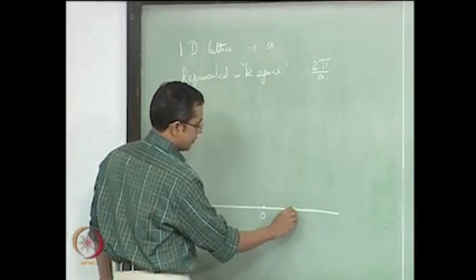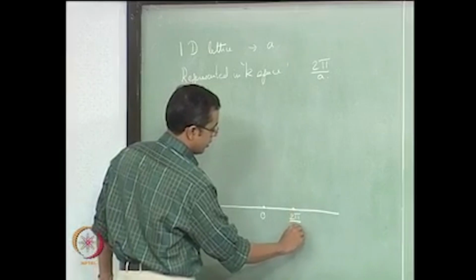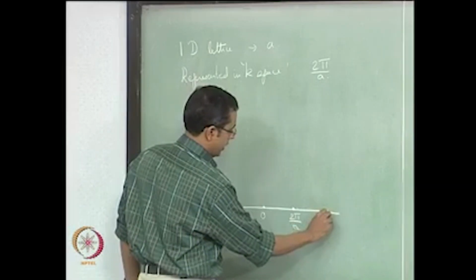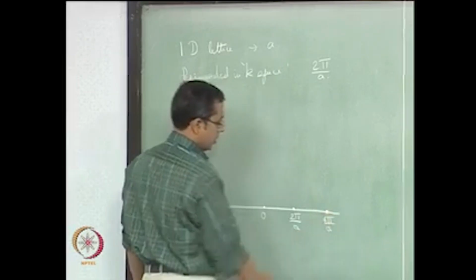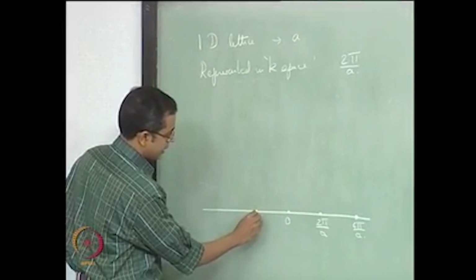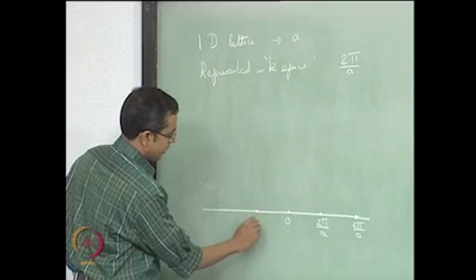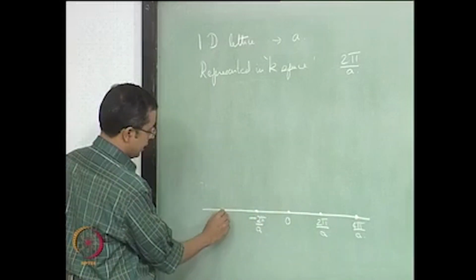So reciprocal lattice vectors occur at 2 pi by a, 4 pi by a. For the moment we will just take 2 points so that keeps the image rather clear. Again minus 2 pi by a and minus 4 pi by a.